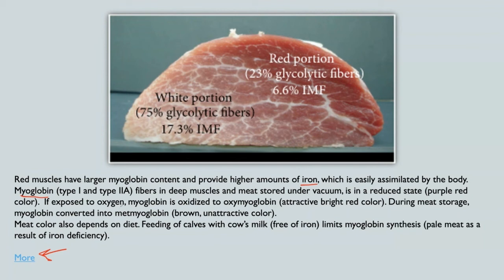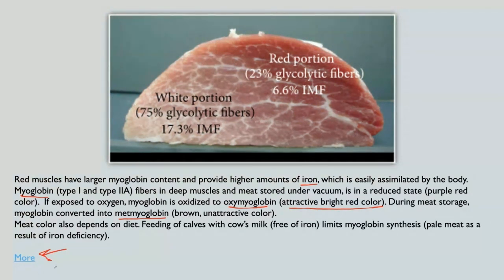If exposed to oxygen, myoglobin is oxidized to oxymyoglobin, which has a very attractive color. During storage, it's converted to metmyoglobin, which is brown and unattractive. That's why they put some gases in the trays to keep the bright red color, and we like it and we buy it.